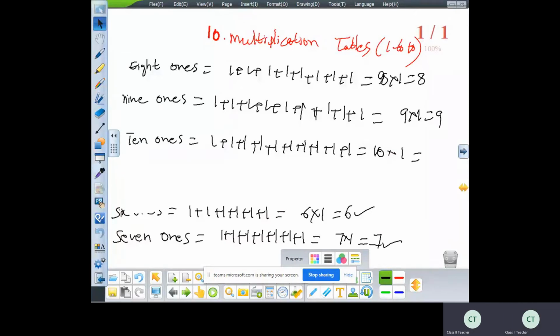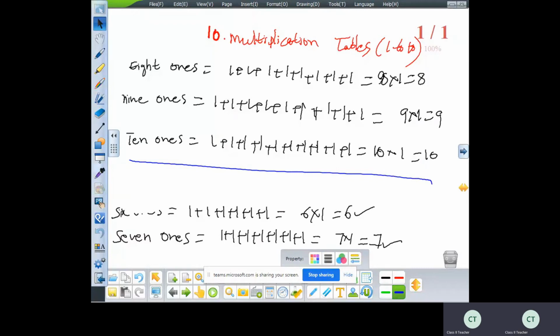Okay, children, in our previous class, I gave one definition: repeated addition is called multiplication. See, now we have finished table number 1. Our topic name is also multiplication table from 1 to 10.